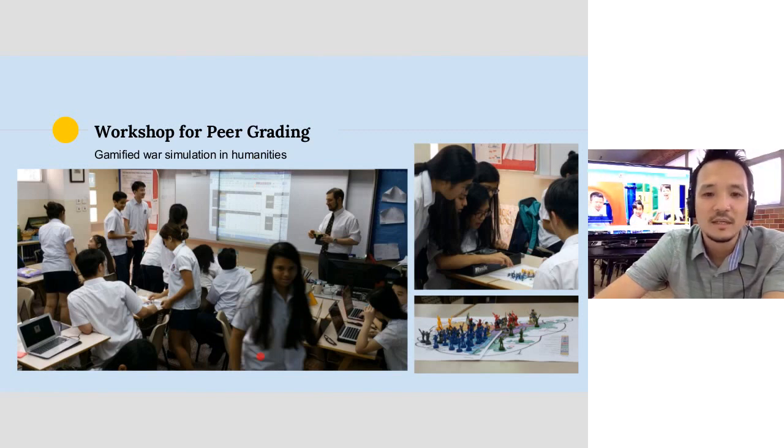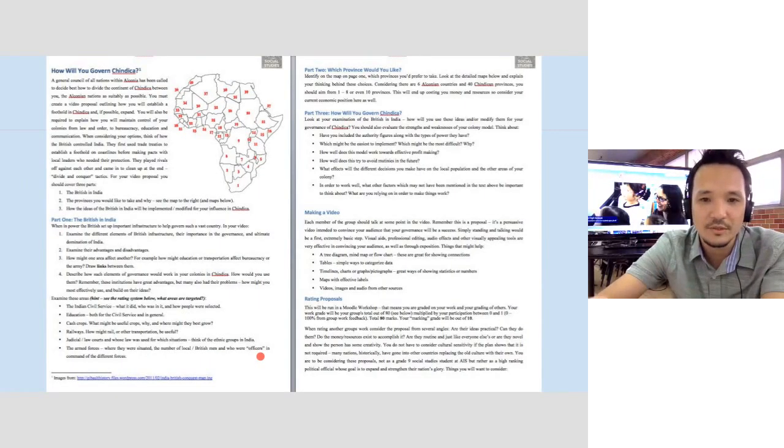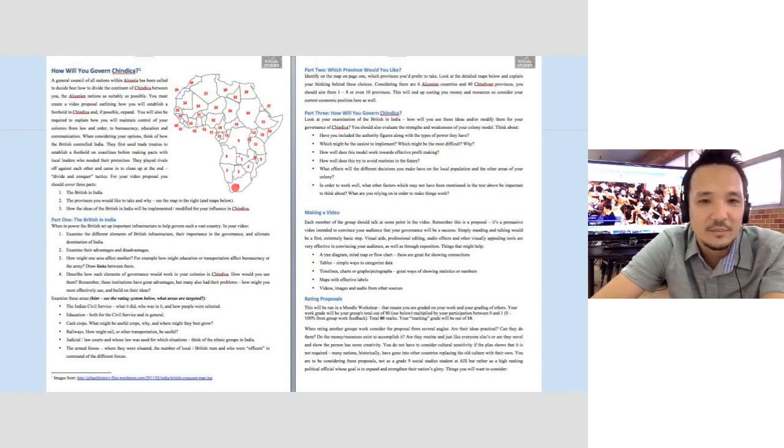If you haven't seen the workshop activity in Moodle, it allows you to do peer grading really easily. So this was one of their tasks: how will you govern Chindika? There's a map, obviously very closely resembling Africa, what was called Chindika in the simulation, and they were all dividing it up.